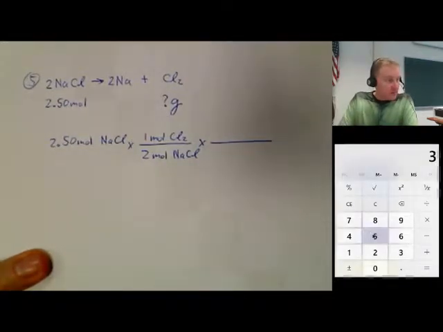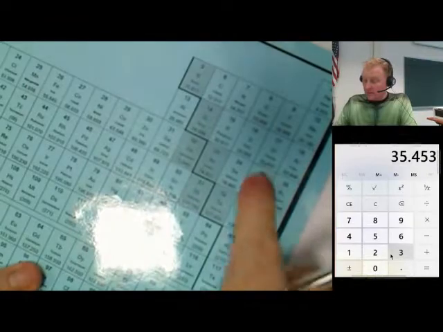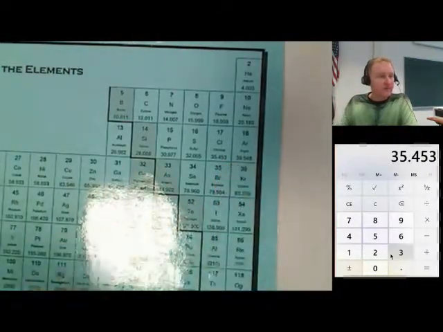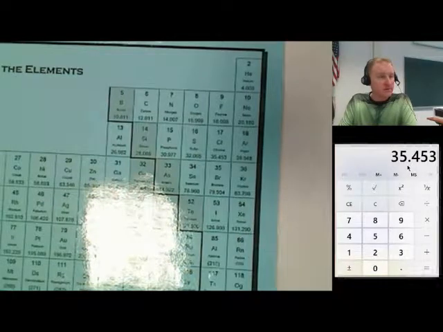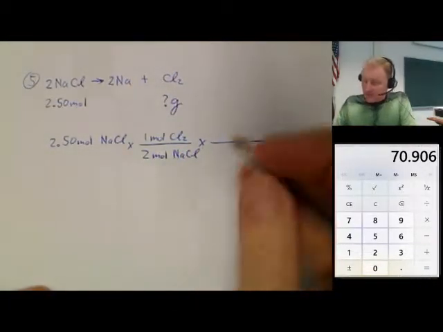And remember, chlorine was 35.453 grams per mole, so that's where I put this number here. And I'm going to multiply it by 2 because chlorine is Cl2. And so I've got this number again.